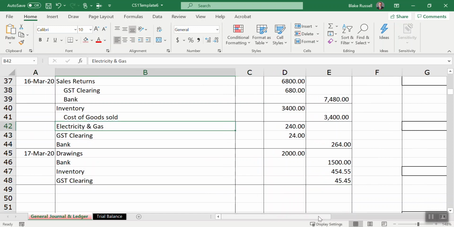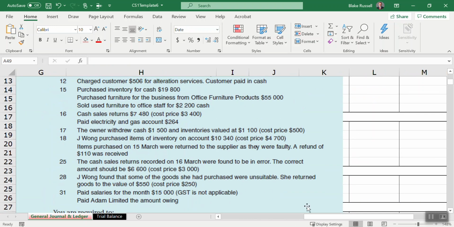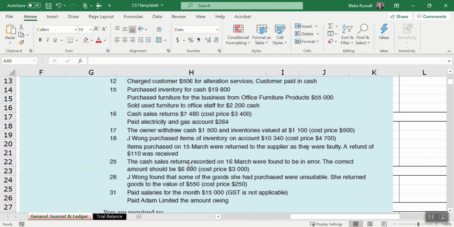But yeah, that's how that's handled. So you need to account the GST if you do draw out inventories. If I was to draw out a vehicle or an asset or something like that, you don't have to worry about it. That's just the inventory. And that's the cost price, not the selling price. Because you're an owner, you give yourself a discount. It'd be a bit silly if you didn't.